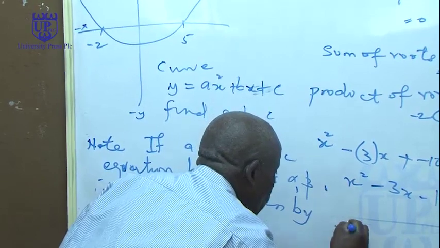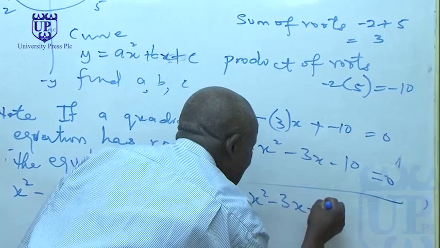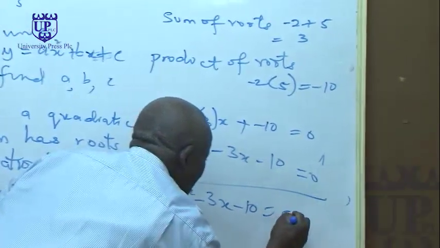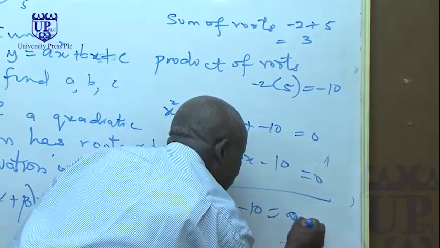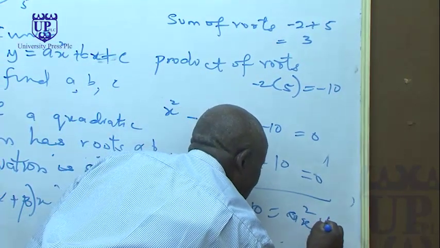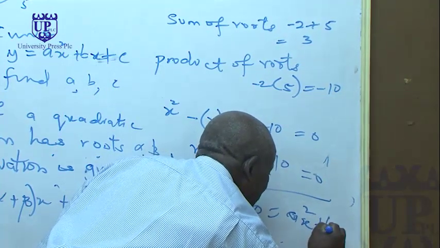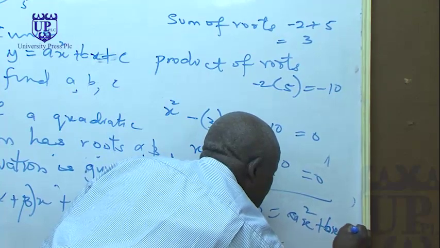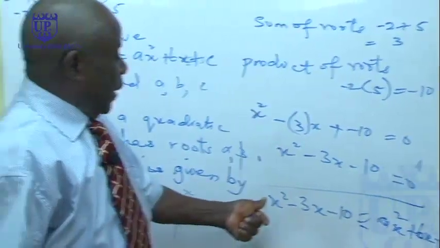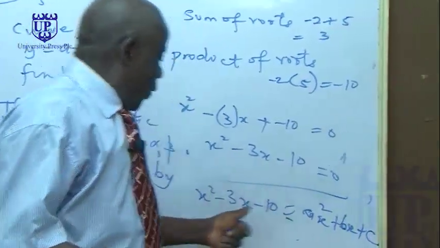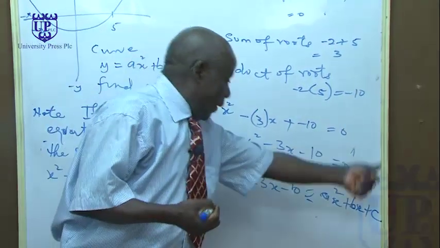If you want to write it in this form, x squared minus 3x minus 10 is equivalent to ax squared plus bx plus c. You know, I told you this equivalent means the coefficient of x squared is the coefficient of x squared, the coefficient of x is the coefficient of x, and the constant term is the constant term.